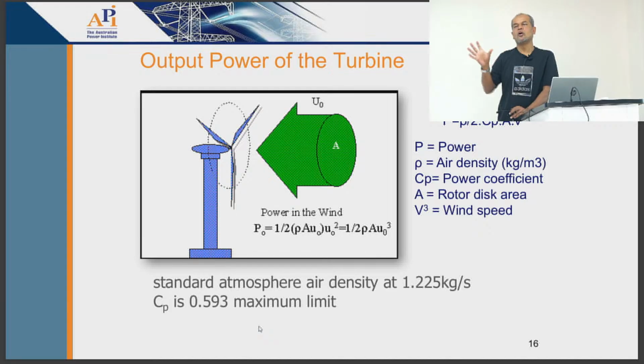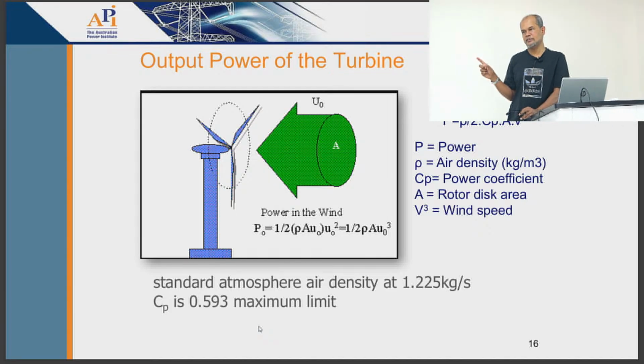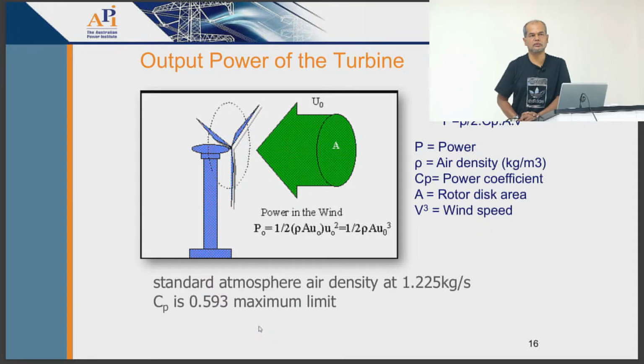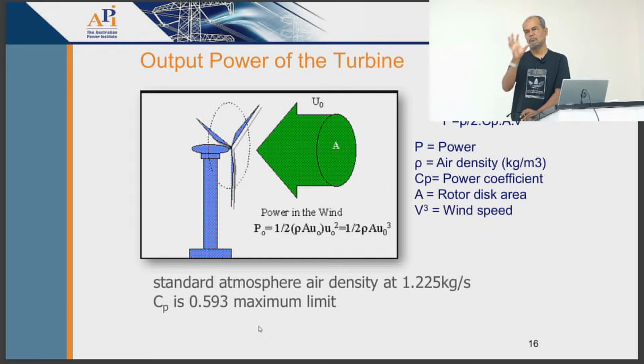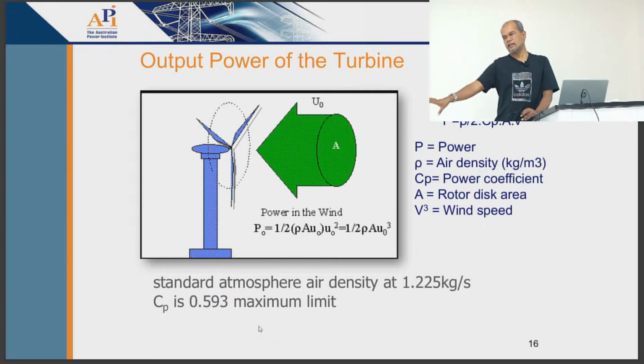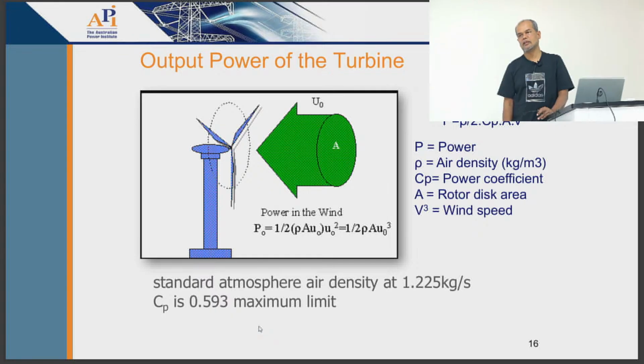Whatever technology is available, you cannot capture 100% energy from the available wind. This is the theoretical value, 59.3%, but in practical wind farms it is normally around 40%. So if you have 100 kilowatts input, you're going to get a maximum of 40 kilowatts output in the wind farm.